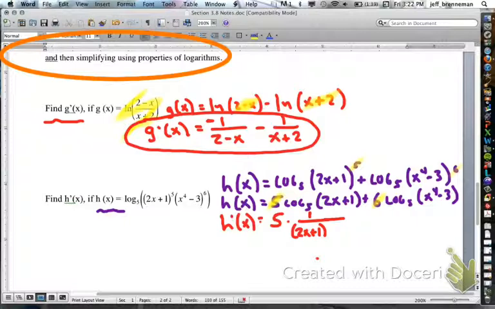Now we need to reconcile the base. That's what I call it. And so multiply by the ln of 5. And then don't forget to take the derivative of what's inside. Derivative should be 2.